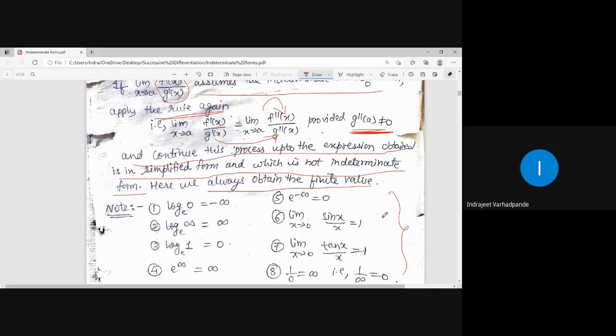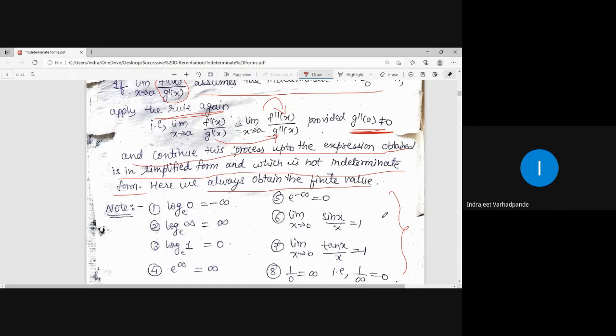In these examples related to indeterminate forms, we will have to solve the whole example completely. There is no shortcut method. Rather than showing the steps, you can solve it orally; that is the only difference. But to get the limit of the indeterminate form as a finite value, you have to solve the example completely.